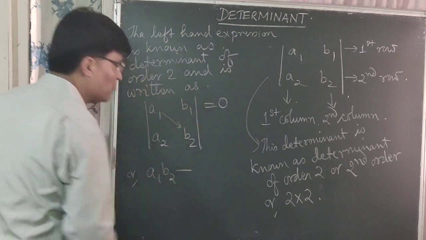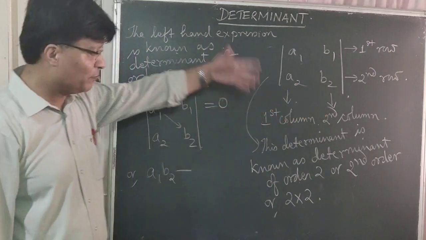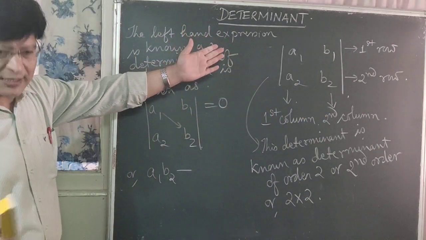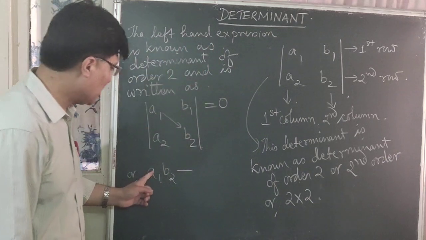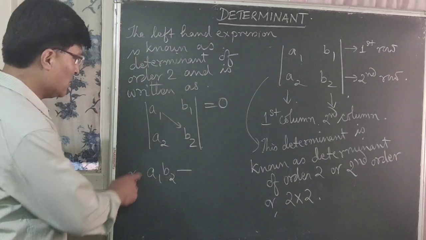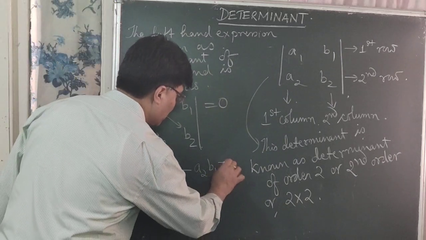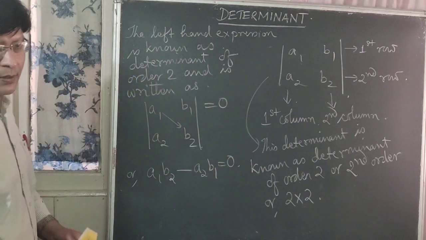Then comes the minus sign, because the minus sign was there in the previous expression. You can check the copy. Then you have to cross multiply a2 by b1, which is equal to 0.